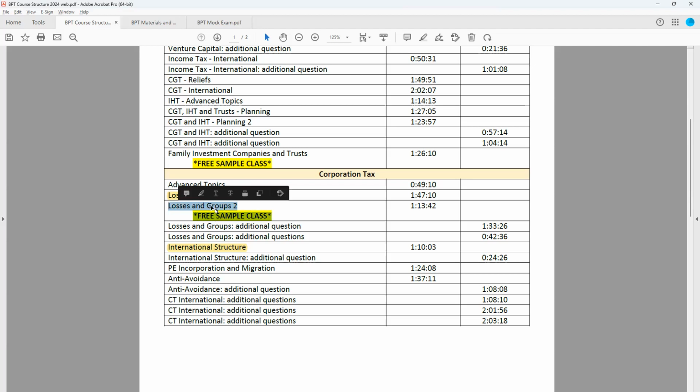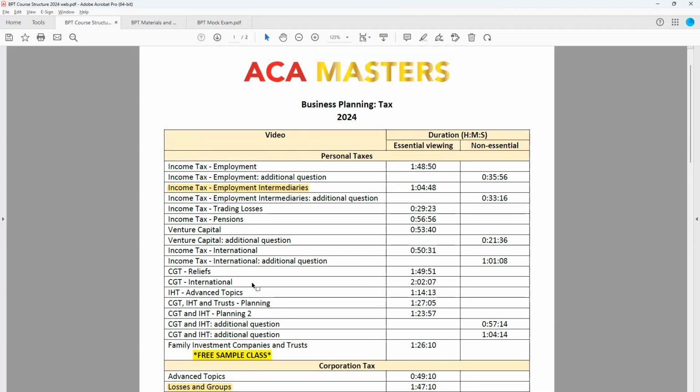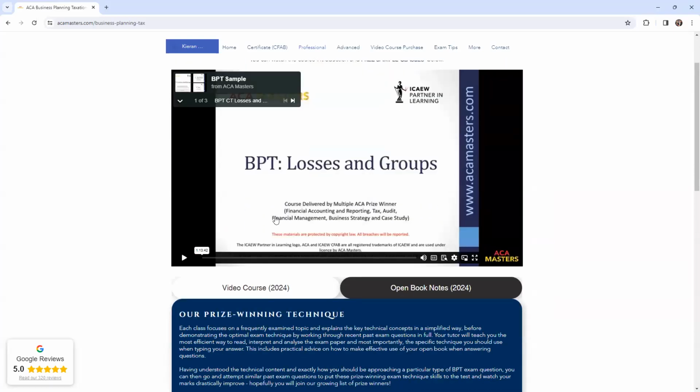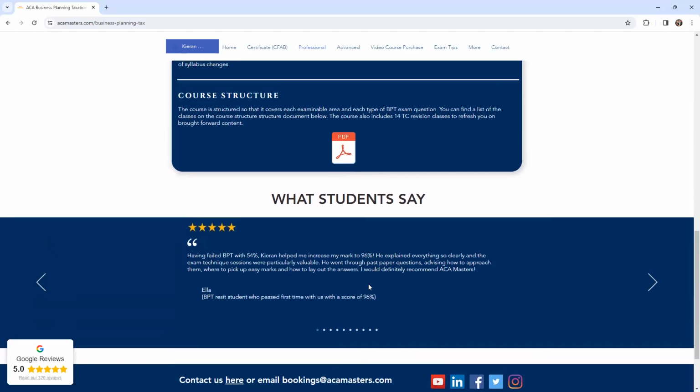The sample classes mainly just focus on working through exam questions, but then you can start to see the exam technique that I use for BPT and how that will help you get a very high mark in the BPT exam. And you'll see that lots of our students drastically improve their marks, going from like 54 to 96 when they did the course with us.